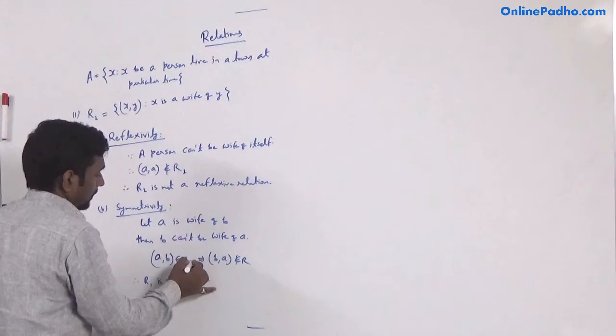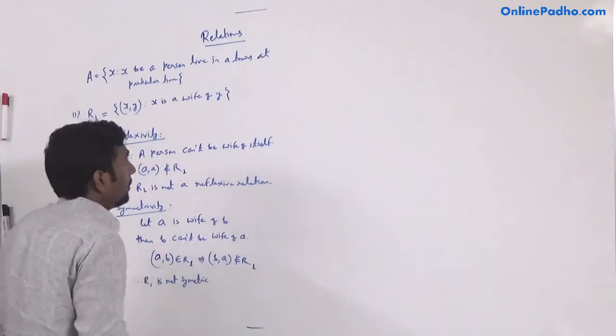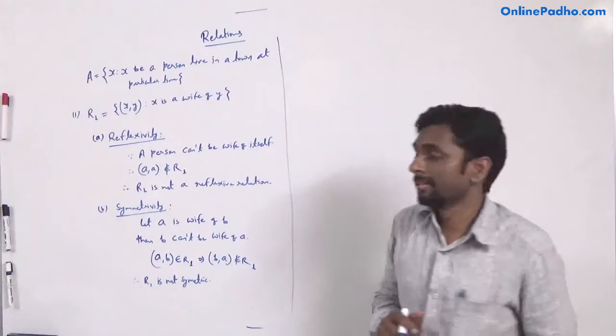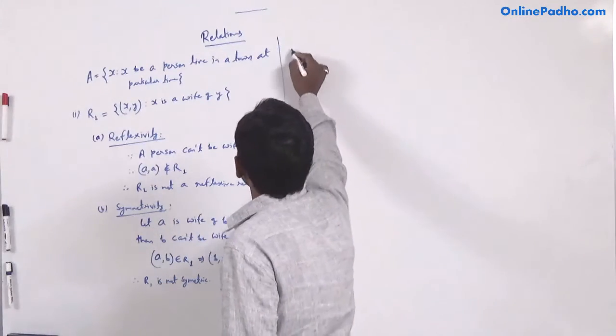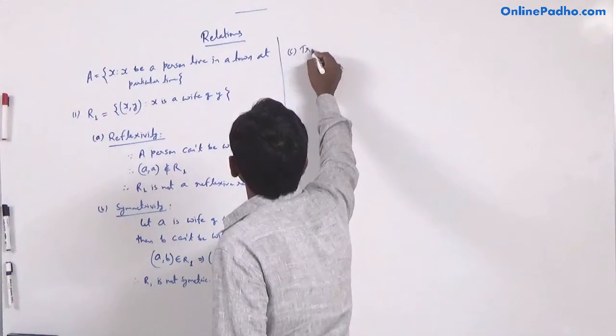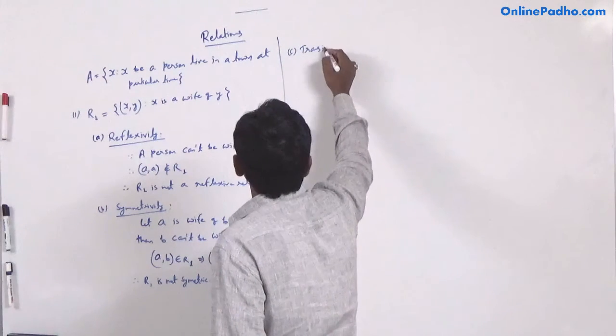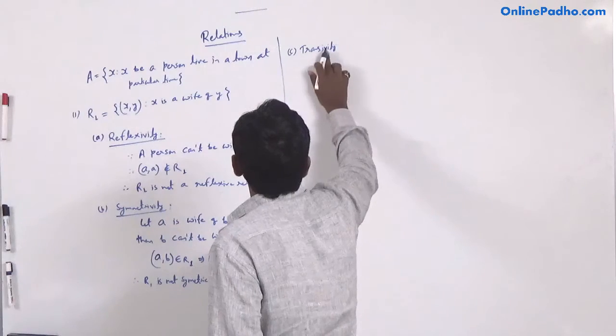Why? Because (A, B) belongs to the relation but (B, A) does not belong to the relation, right? Third part, transitivity. There are two different parts of the transitivity.